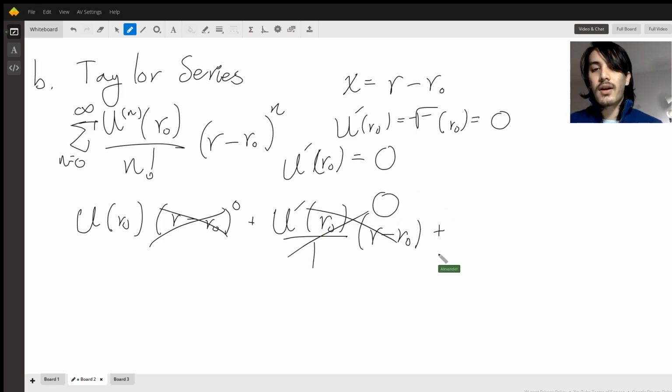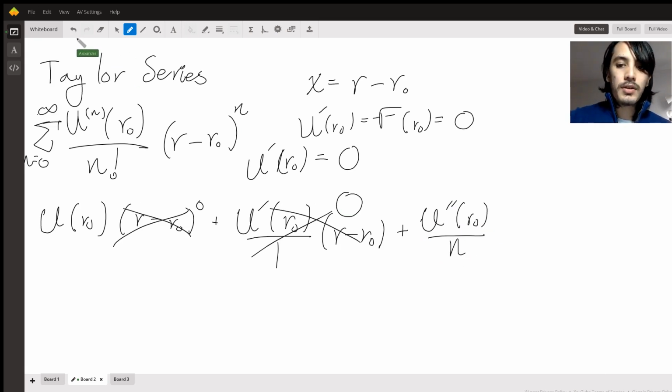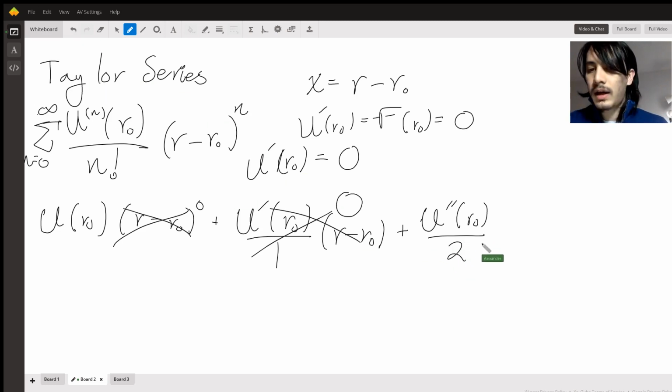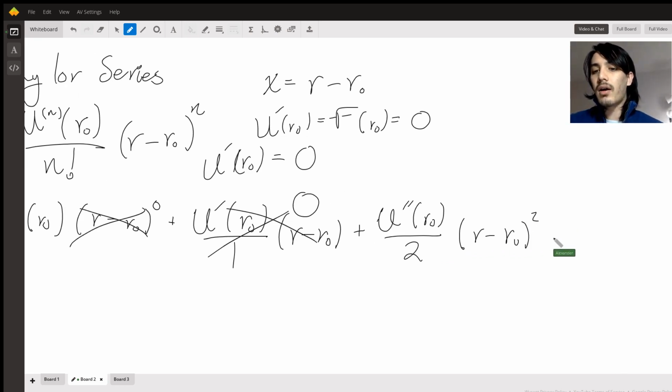And then our third term is going to be u double prime of r naught over n factorial, which in this case will be 2, since it's 2 factorial, times r minus r naught squared. So we can then rewrite r minus r naught as x. So we have an x squared term here.